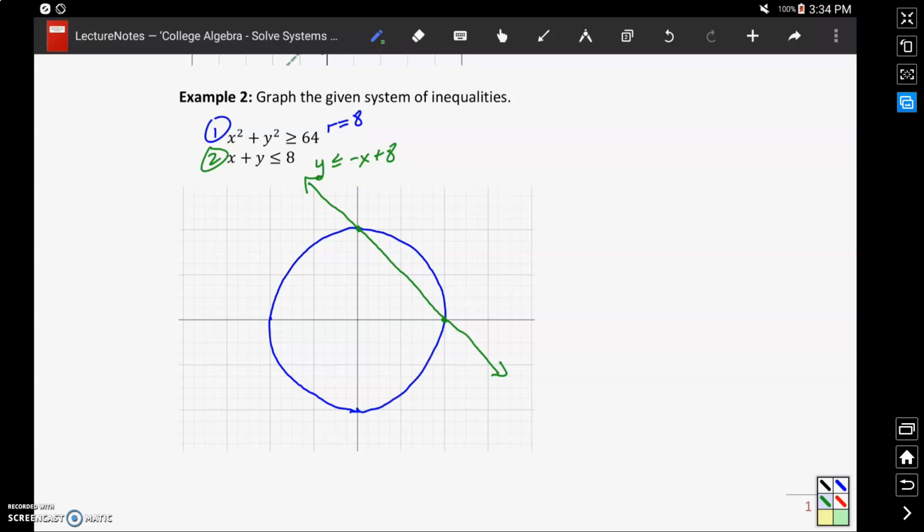So we can graph that solid line and then investigate where we should shade. We have 4 different regions to consider: the area outside the circle and above the line, inside the circle and below that line, or below the line and outside that circle.